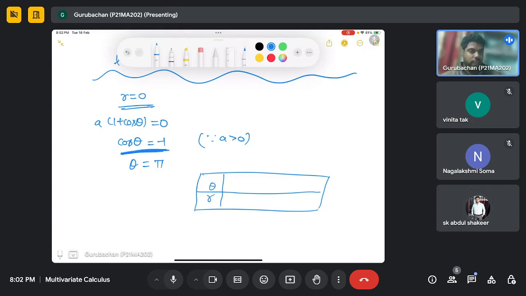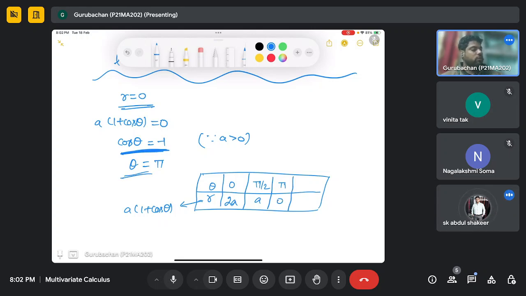Yes, sir. Let us draw some values here. When theta is 0, our r is a into 1 plus cos theta. What will it give? 2a. Good. When our theta is pi by 2, a. When pi, this is giving 0.